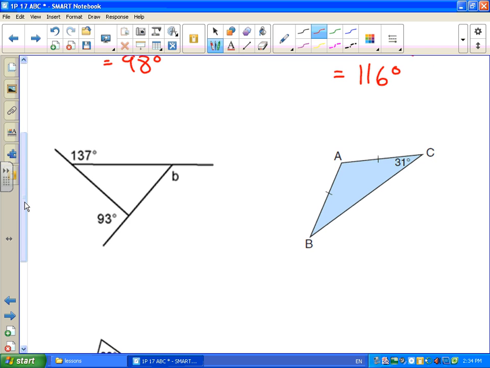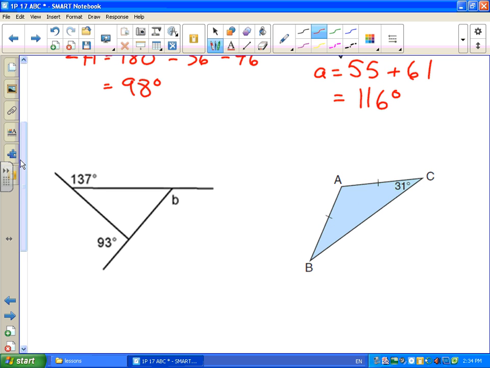Okay. Here, I want to find angle B. Now, is angle B an interior angle or an exterior angle? It's an exterior angle. And we are told the measures of an exterior angle over here and an exterior angle over here. So what do we know about those three exterior angles of the triangle? What do they have to add up to?